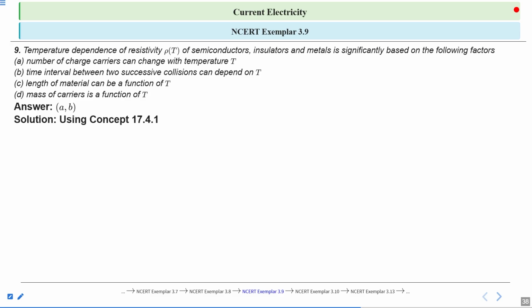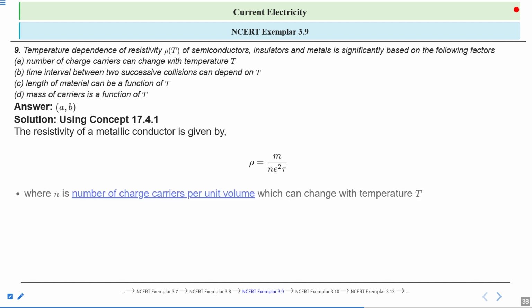Using concept 17.4.1, the resistivity of a metallic conductor is given by rho equal to m upon n e square tau, where n is the number of charge carriers per unit volume, which can change with temperature T for semiconductors and insulators.